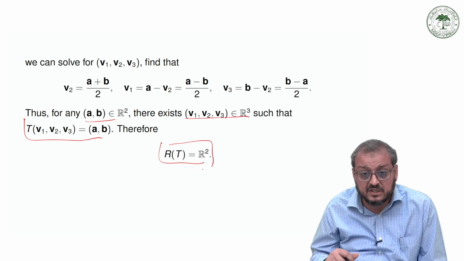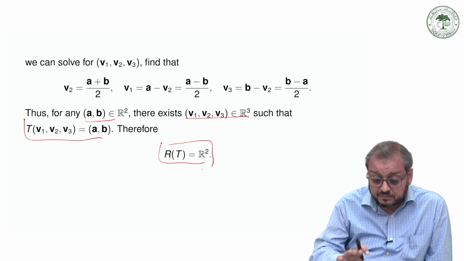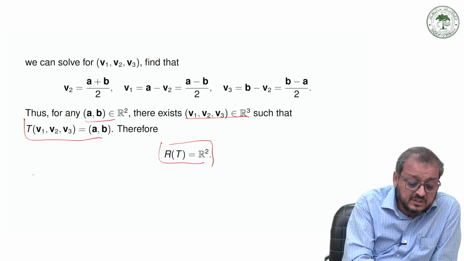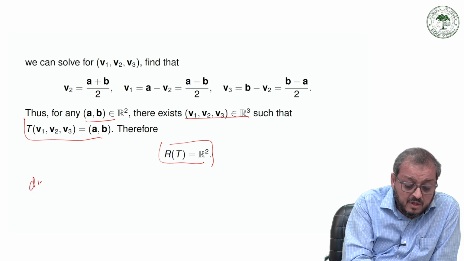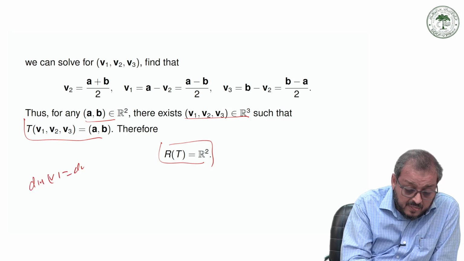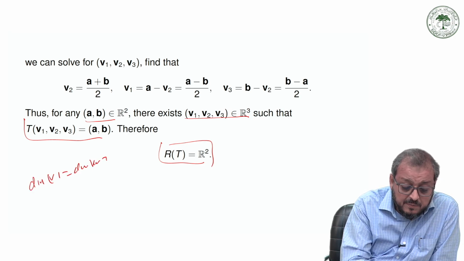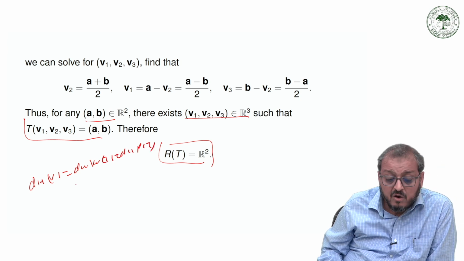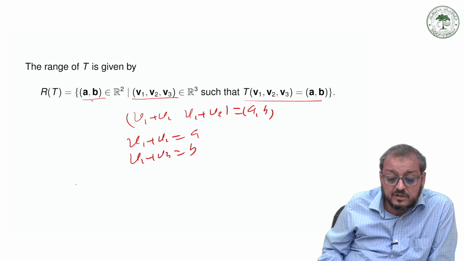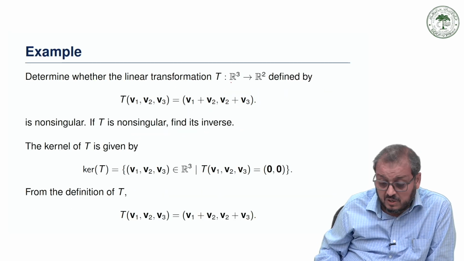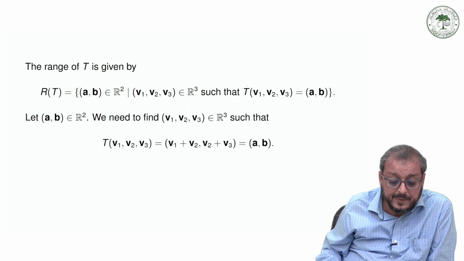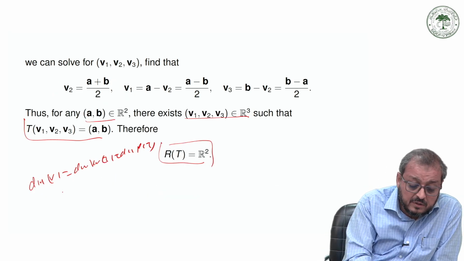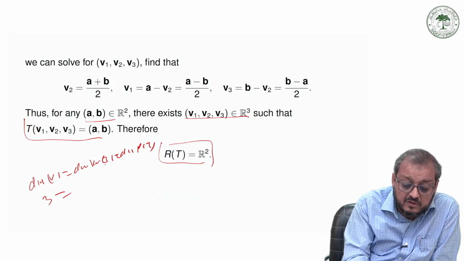Clearly this is onto, and also by the rank-nullity theorem we can say that the dimension of V is equal to the dimension of the kernel of T plus the dimension of the range of T. The dimension of V is given by the map from R3 to R2, so the dimension of V is 3, and the dimension of the kernel of T is equal to 1.